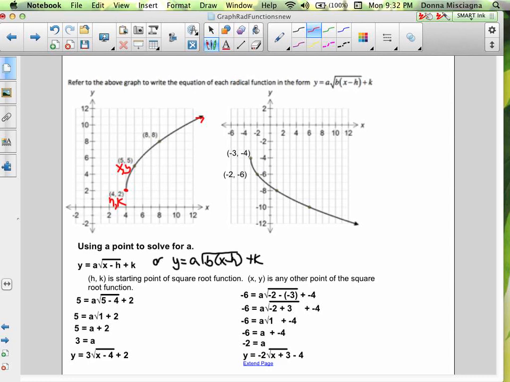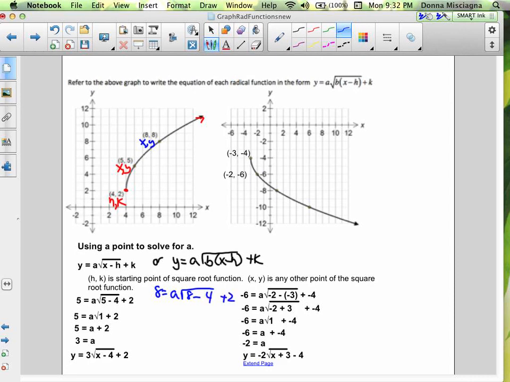All right, so now let's do the same thing, but let's use a different point. So we use this as the x, y. So we have 8 equals a times the square root of 8 minus 4, and then plus 2.